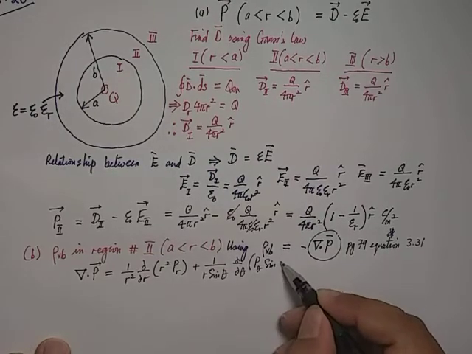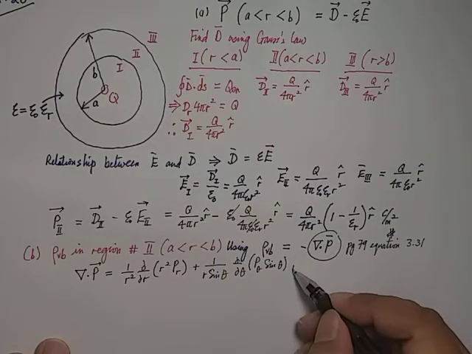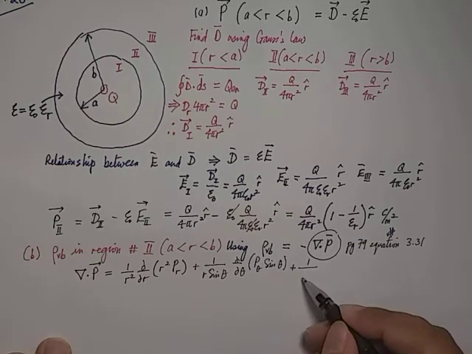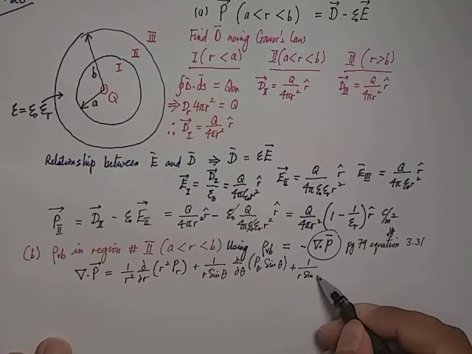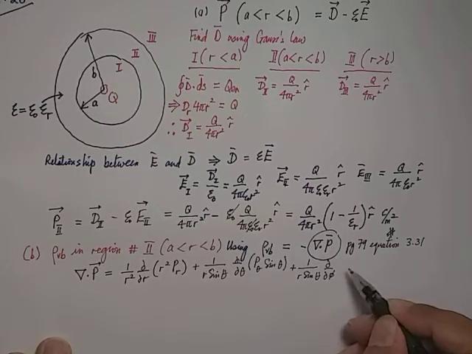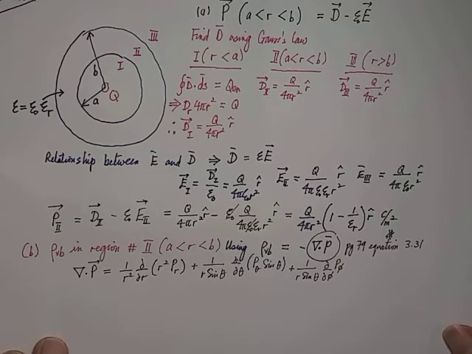That's the second term. And for the third term, it's 1 over r sine theta as well, but now we are dealing with the phi component, d over d phi, P phi. That's extracted from the table of equation 3.31 from page 79.